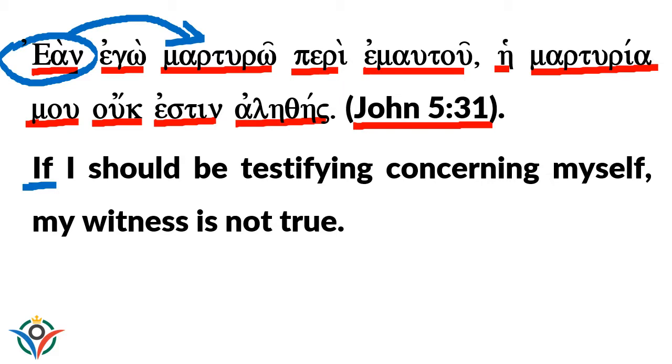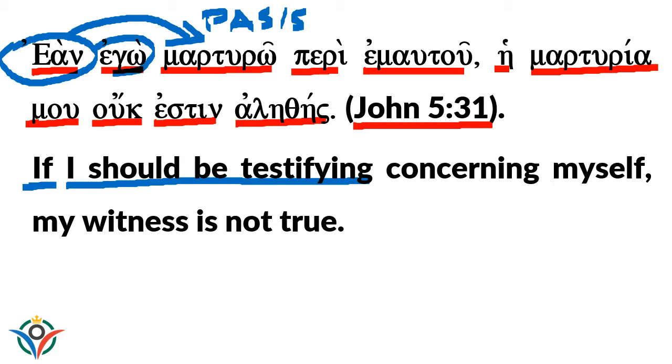So here we have marturō, which is a present, active, subjunctive, first person, singular. So we translate this as I should be testifying. And we haven't actually translated egō because that pronoun is simply there to emphasize the subject I.